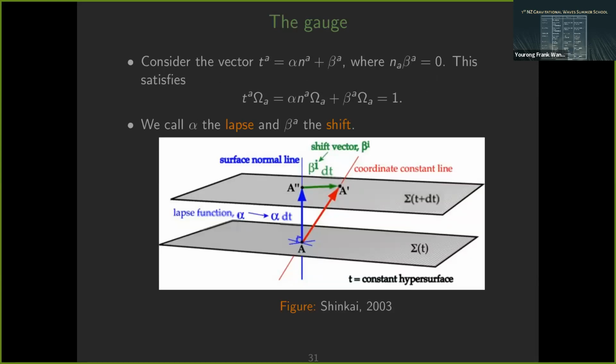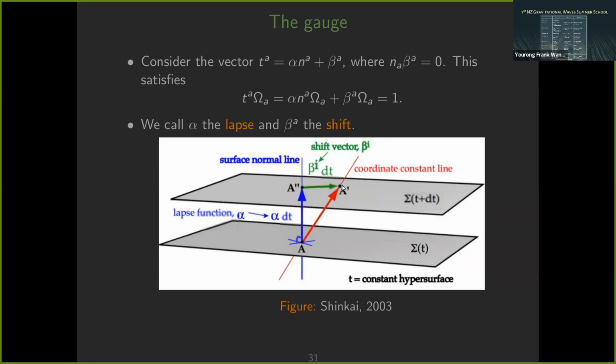We need to introduce, which we haven't done yet, how we're going to set up our gauge, which is our coordinates and frame. Consider the most general evolution from one slice to the next, looking at a fixed spatial coordinate. Suppose we had A here at some fixed spatial coordinate, and then we go to the next time slice.